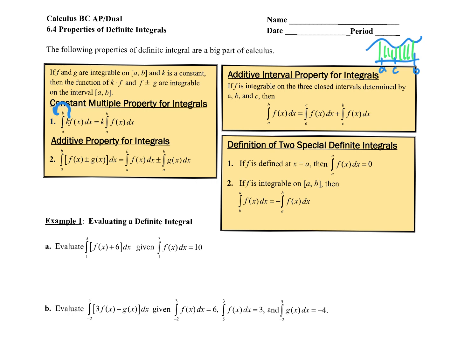You're integrating 6. So we have to split this up into two integrals. We can't just put the 6 on the outside. This does not become the integral from 1 to 3 of f of x dx plus 6.